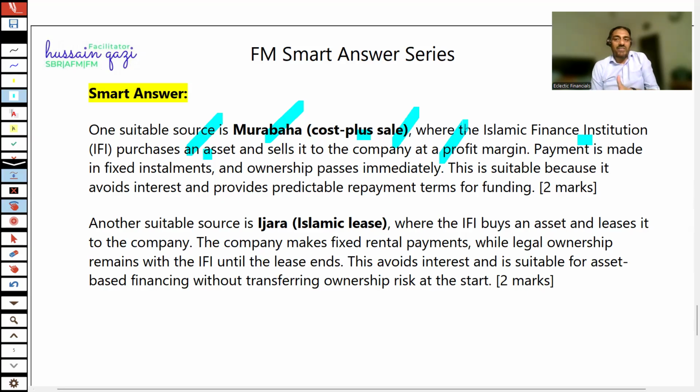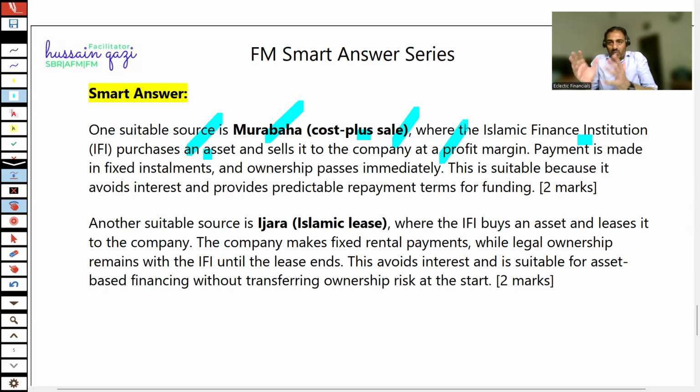For example, I require finance of 5 million. The bank will ask why you require 5 million. The company replies, we require a car. So the Islamic bank may offer to purchase the car, for example, with a car value of 4.5 million plus a profit of 500,000, and then hand over the car to you.